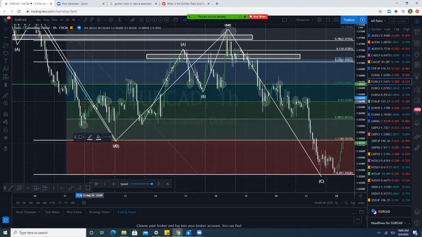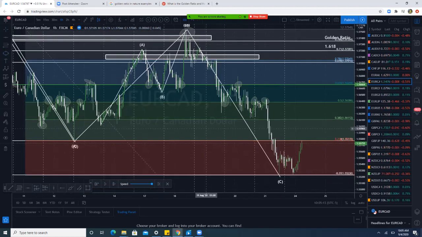So a lot of different wicks in the area. That just tells me it's a strong zone. So I see that both the 61.8 and the 50 have the most data points in the zone, thus making it an area I would like. Even though this one looks pretty clean, this only has maybe 1, 2, 3, 4, 5 data points. Both of these have more than 5. So these two areas are the stronger areas.